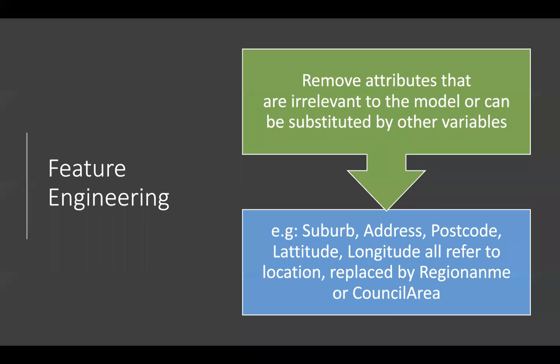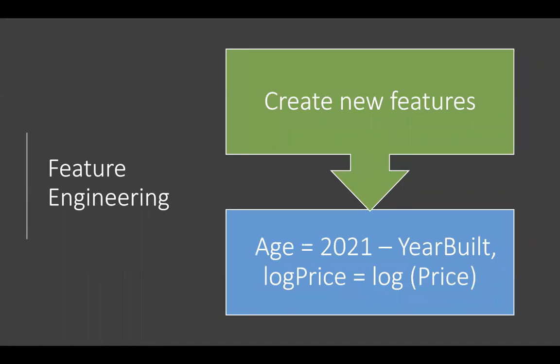Feature engineering. In this feature engineering, we decided to remove some attributes that are irrelevant to the model or can be substituted by other variables. For example, the features suburb, address, postcode, latitude, and longitude all refer to the locations, which can be replaced by region name and council area. We also create new features such as age and log price.